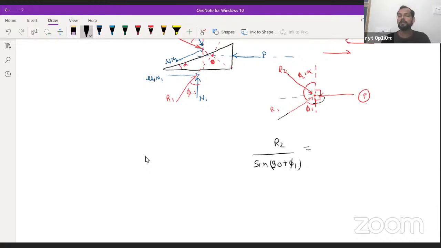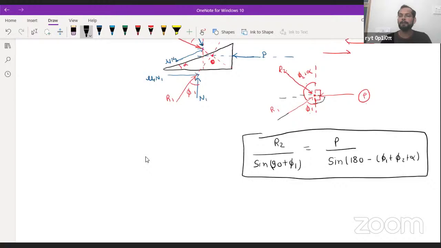R2 you have already calculated, and it is P divided by the sine of the angle between the other two forces. When we subtract phi 1 plus phi 2 plus alpha from 180, you will get this angle. This is sine 180 minus phi 1 plus phi 2 plus alpha, and in this way you can easily calculate the value of P. Whatever P you calculate, this is the minimum P, corresponding to which the upper weight is just about to move upward.